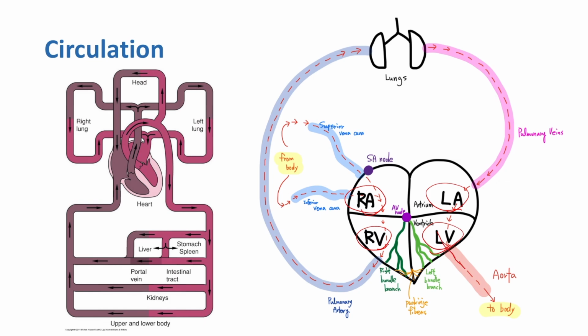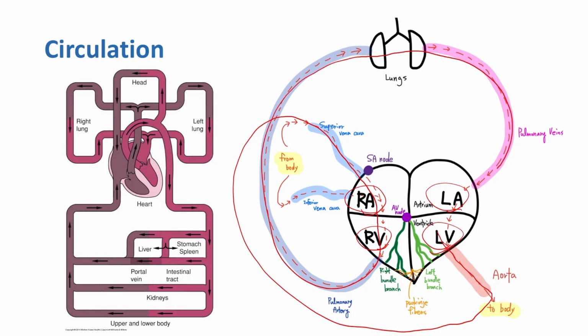It pumps out through aorta to the body, and then goes back to the heart, to the right atrium, right ventricle, to the lung, to the left atrium, left ventricle, body, back, right atrium, right ventricle, lung, and then left atrium, left ventricle. So the circulation is like this.